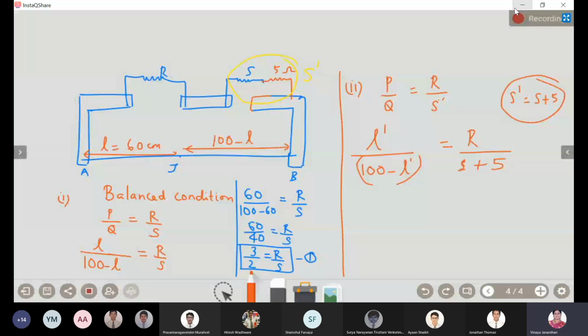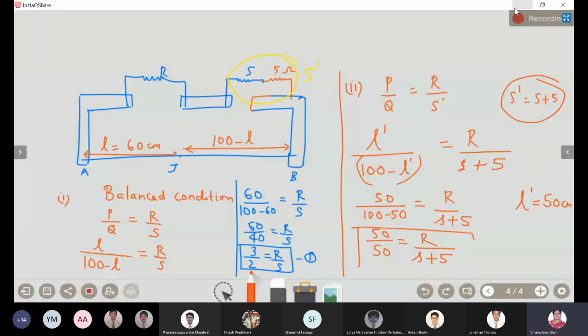L dash is 50 centimeter. So 50 by 100 minus 50 is equal to R by S plus 5, so 50 by 50 is equal to R by S plus 5.